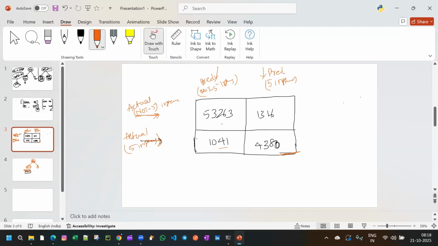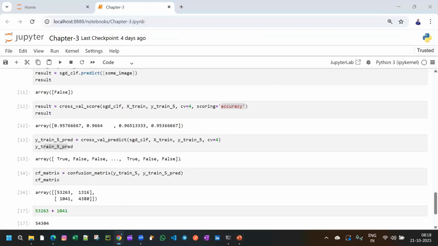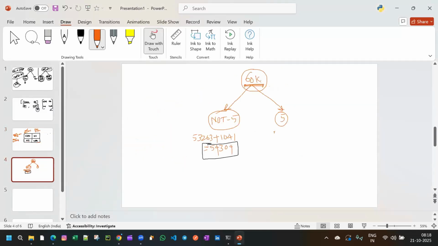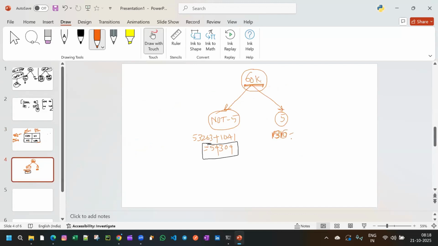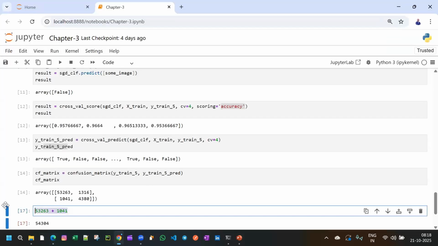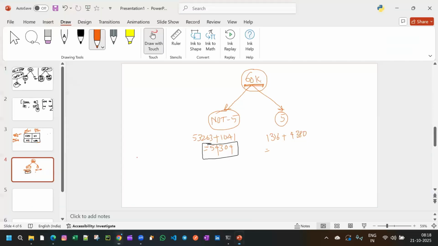Clear? So now 1316 plus 4380. Write clearly. 1316 plus 4380 is equal to, let me calculate this, 5696.